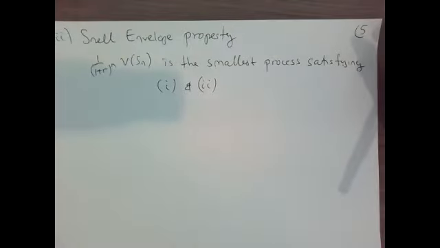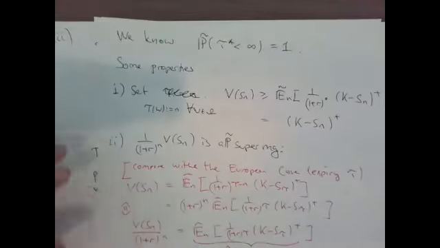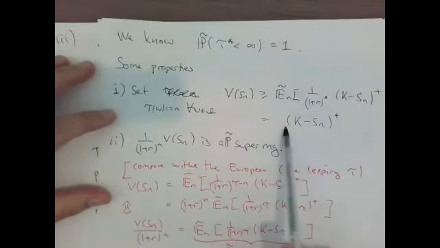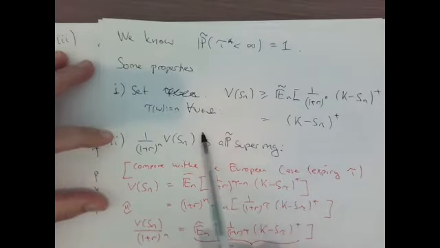Right, so 1 and 2, let's go back and double check. 1 is you dominate. 2, you have a supermartingale property.